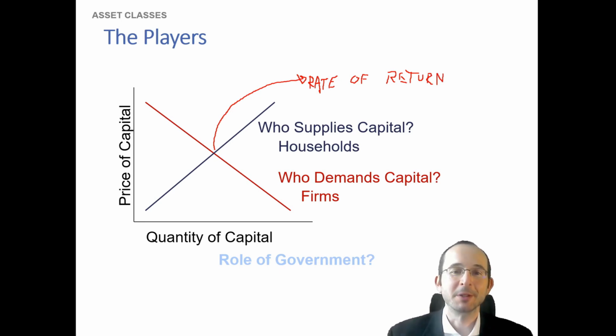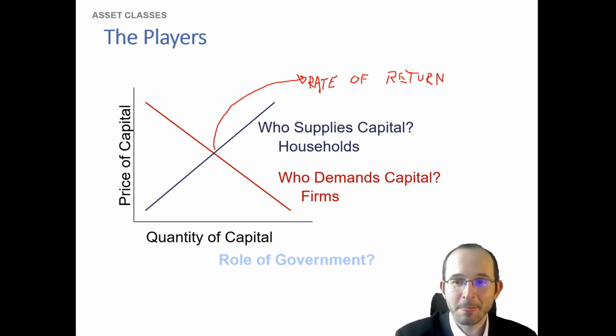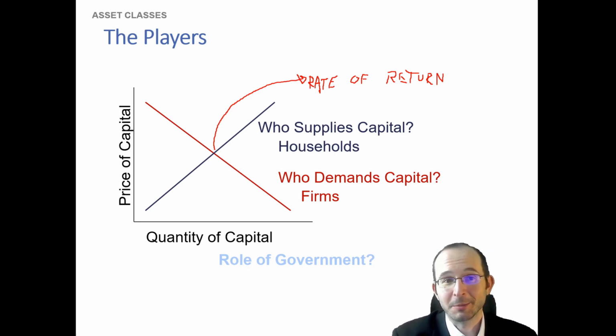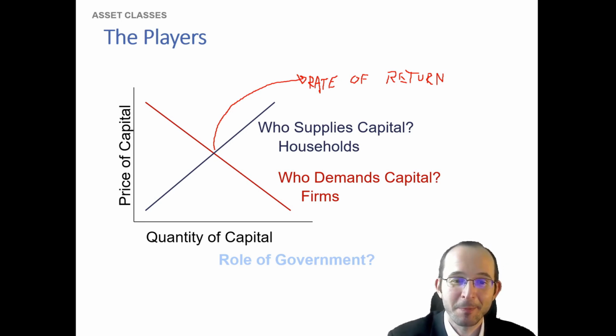Those will be determined at the nexus of investor supply of capital and issuer demand for capital. I guess the bottom line here is that capital really is sort of like any other commodity. Its price is determined at the intersection of supply and demand.